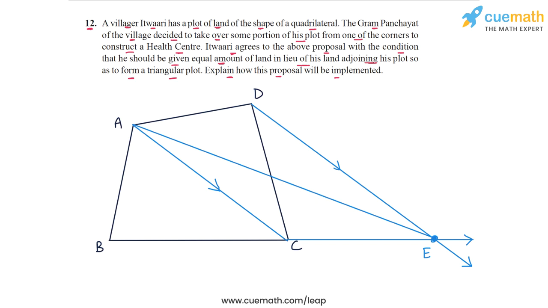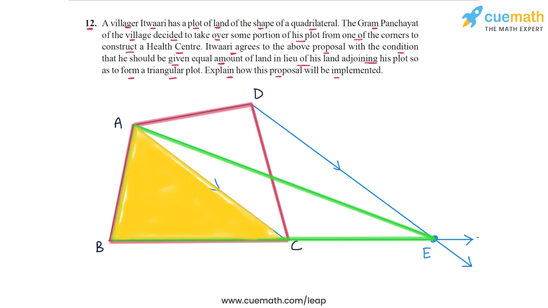Okay, now here's the logic behind this construction that we've done. The original plot of Itwari has this quadrilateral shape ABCD. Now the key idea of this construction is that the area of ABCD is exactly the same as the area of triangle ABE. So the quadrilateral ABCD and the triangle ABE have exactly the same area. Why is that? Well, part of the area is common to both of these figures. So the area of triangle ABC is common to both these figures.